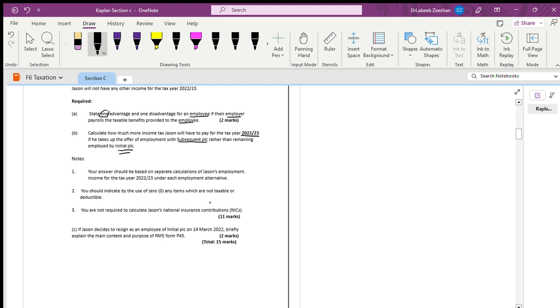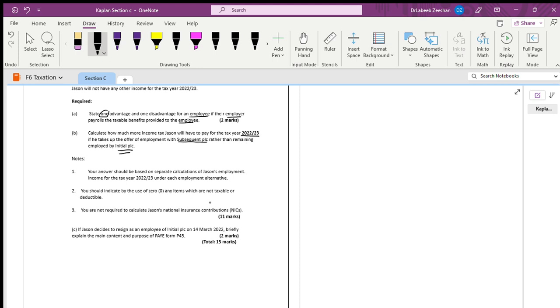Between this we can understand the requirement. He is working with one employer and is going to move to another job. Definitely there will be a difference in the income, and we have to calculate the difference in income and how much tax you have to pay.